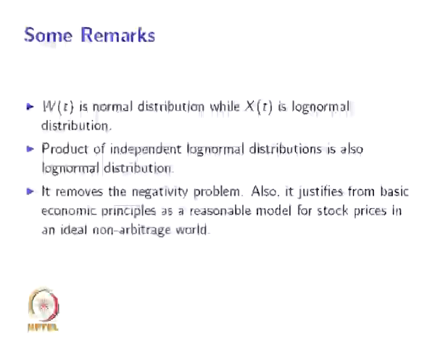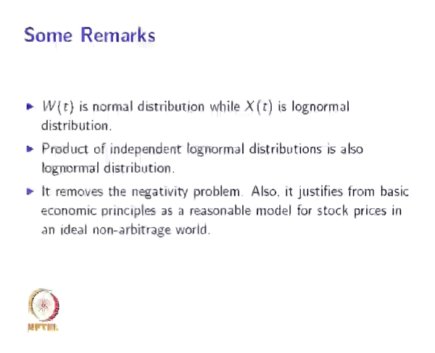If it is not a standard one, then Wt is normally distributed with the mean mu times t and variance sigma square t. While X of t is a log normal distribution, because X of t is X of 0 e power Wt.